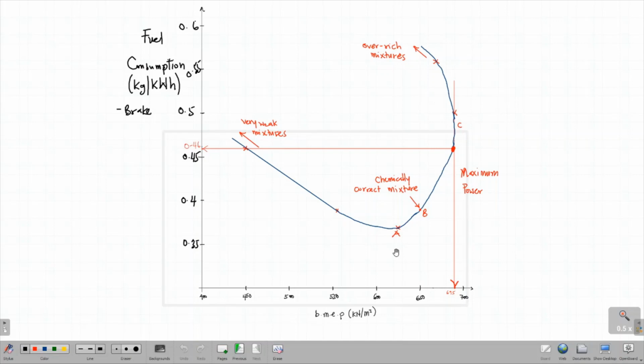As the mixture strength is further increased beyond this point, the fuel consumption and also the power output increase until the maximum output is reached at C.